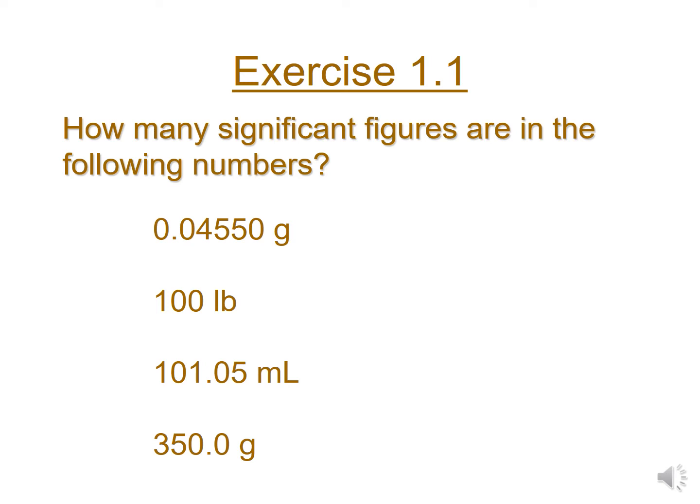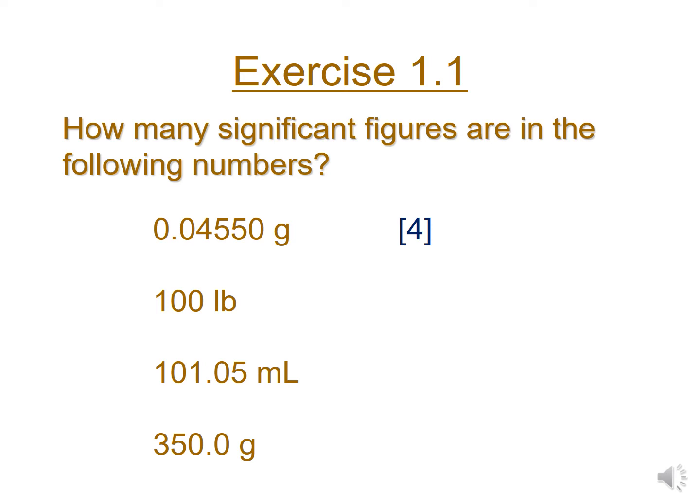So the first number here, 0.04550, has 4 significant figures, because it has 2 leading zeros which are not significant, and a trailing zero which comes after the decimal point, and after the last non-zero integer, and therefore it is significant. So the 4 significant digits are the 4, the 2 5s, and this 0 here.